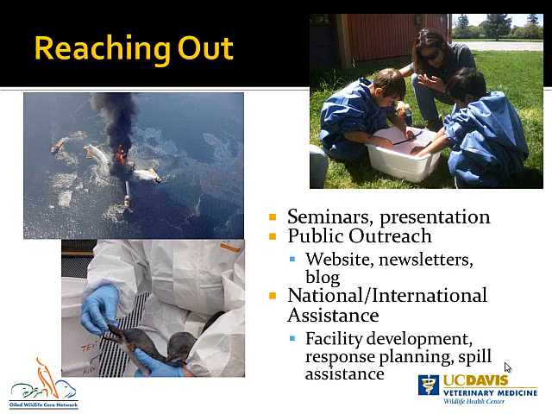We provide national as well as international assistance, and this includes facility development, response planning, and spill assistance. Most recently, we've been helping out some colleagues in Mexico. They're developing a wildlife working group, and so we're actually going there next month to provide some training.